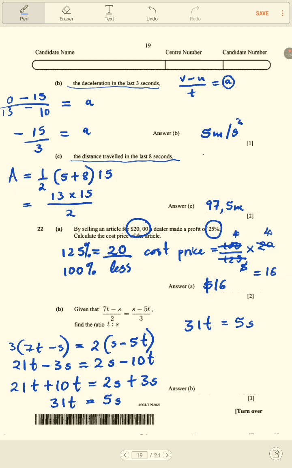So what we can do here, we can take s, we put it here. This is t to s, and we take 31, we put it there, and so if t to s on this side is equal to 5 over 31, then it means t to s is equal to 5 to 31.